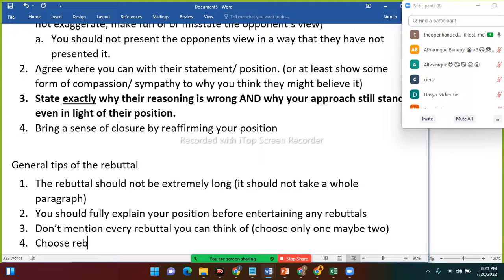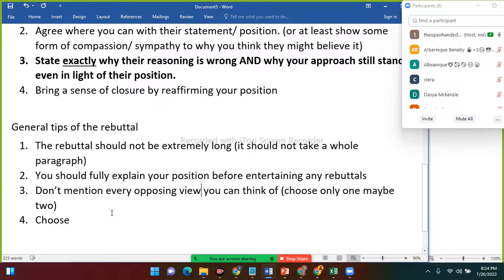Don't mention every opposing view you can think of. Choose only one, maybe two.